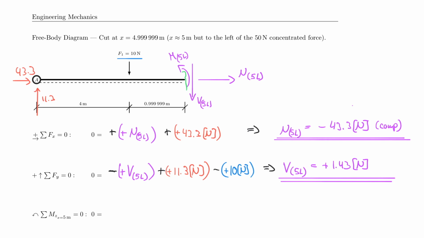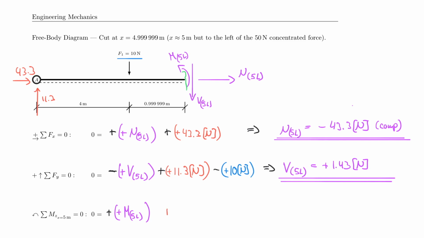So the moment, of course, again, is positive defined, 5 to the left, but it's rotating counterclockwise, therefore it's positive. And now remember that we're taking the sum of the moments about this point. In fact, I indicated this for you here, x equals to 5. So I really have to take the 11 and the 10 and rotate it about this point. Now the 10 actually does have a lever arm, but we'll come to that in a second.